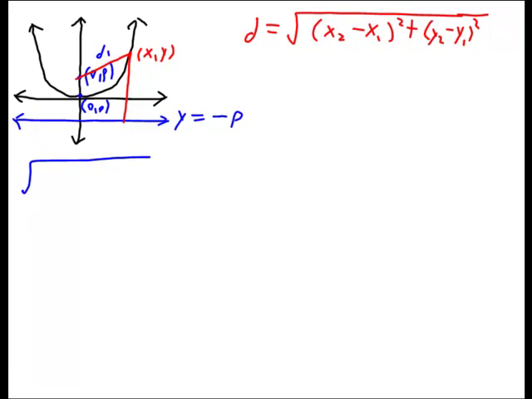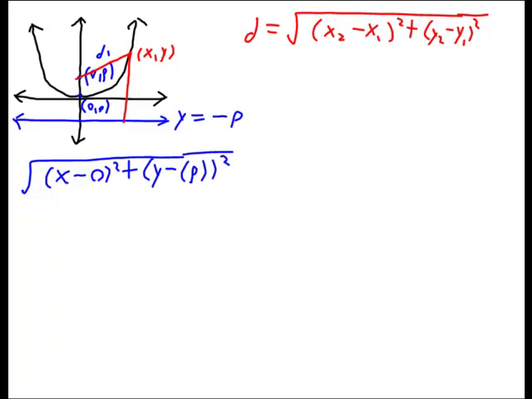That's going to be the square root of our x-coordinate, we'll call it x, minus the x-coordinate of the focus point, which is 0, squared, plus the y-coordinate of our point, just y, minus the y-coordinate of the focus, which is p.